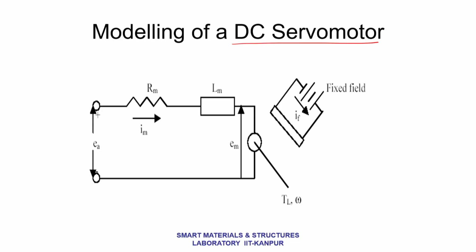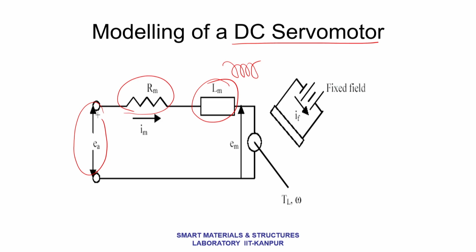What is present in it? Well, first we have to understand it has some mechanical part and some electrical part. The electrical part: you are applying a voltage, and there must be some resistance involved in the system. There must be some inductance involved, because every motor has some kind of coiling, the electromagnet part of it.